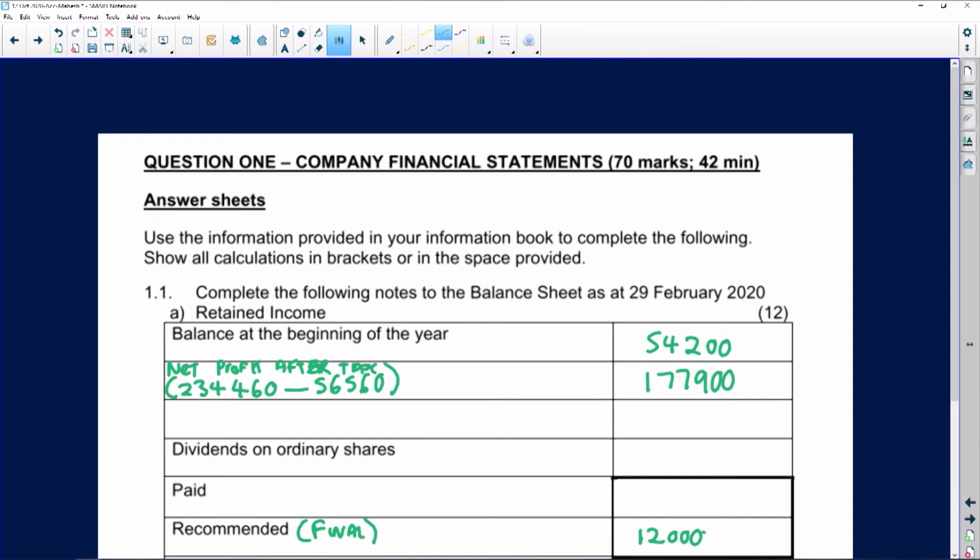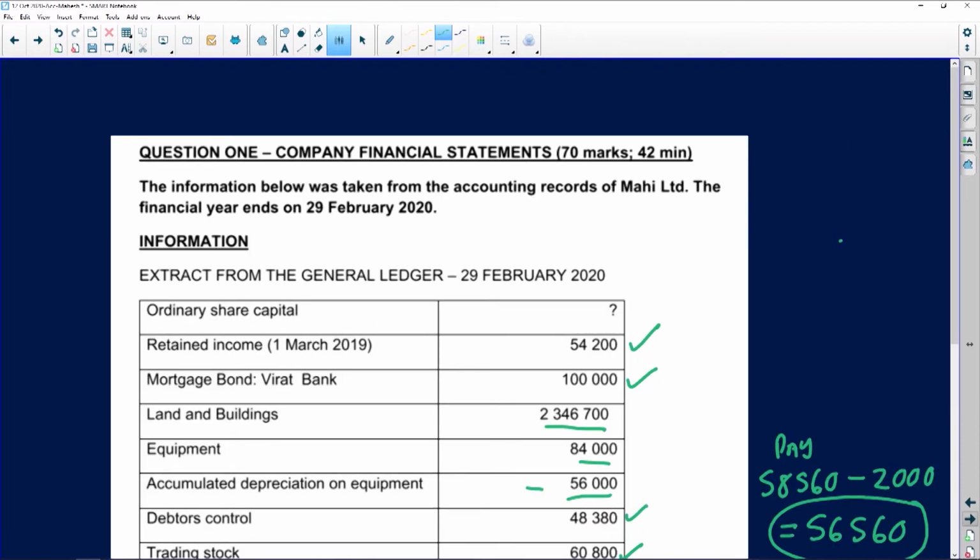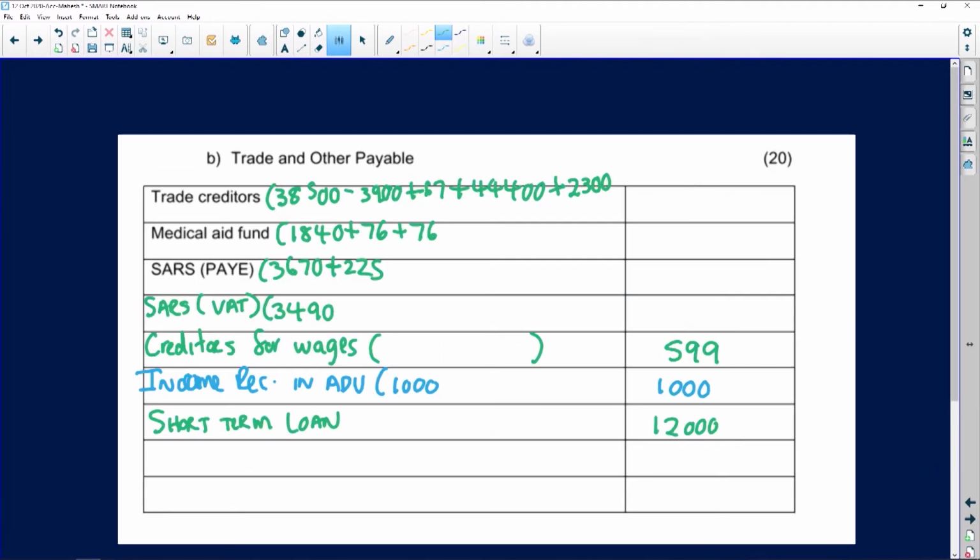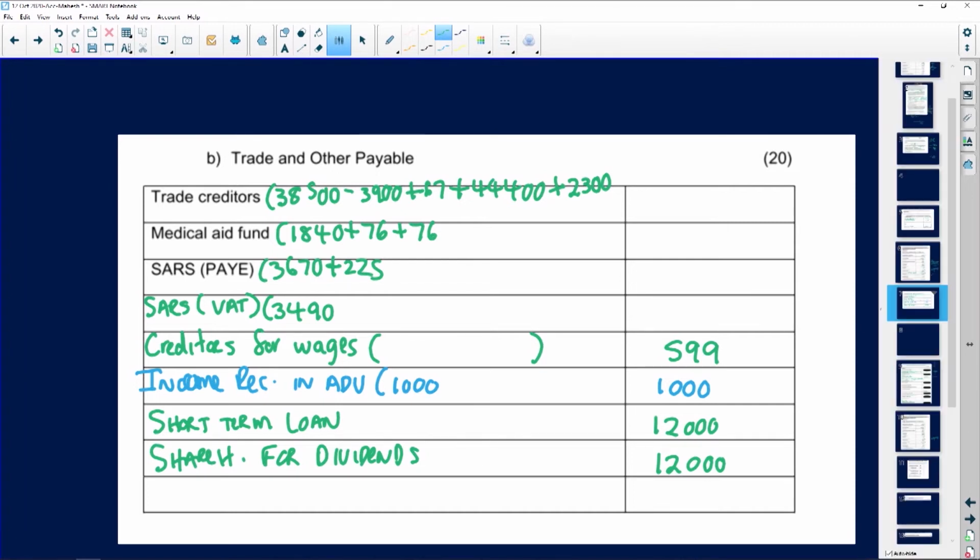Okay, and then we are also showing the 12,000 under trade and other payables, shareholders for dividends, because this amount is still owing to your shareholders, hence it's a liability, and the amount 12,000, your final dividend.